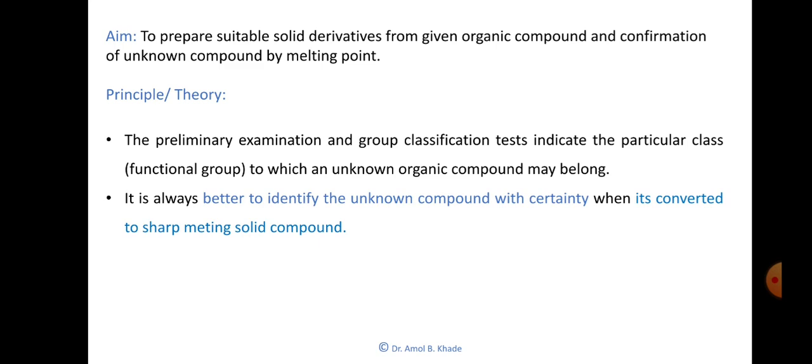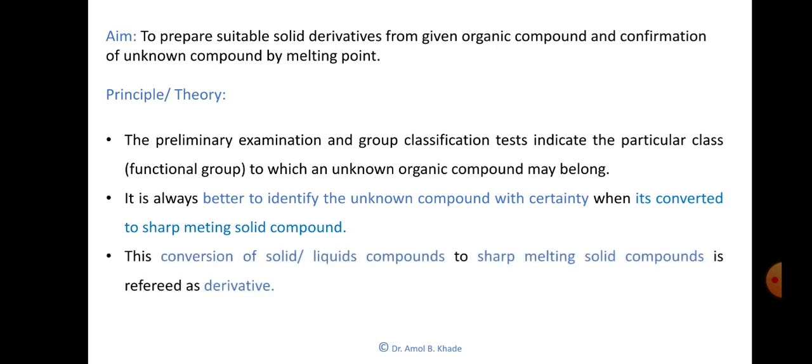Once you get a sharp melting point, it is always easier to find out the identity of the compound. So this conversion of a solid or liquid compound into its sharp melting point solid compound is referred to as the derivative, and the procedure we follow is referred to as the derivative preparation procedure.